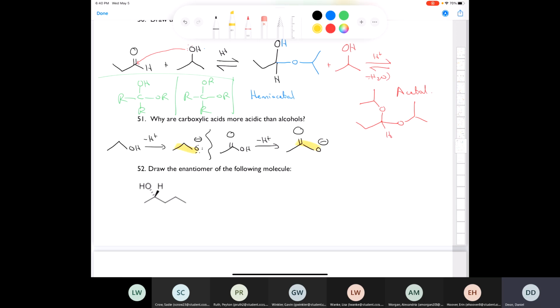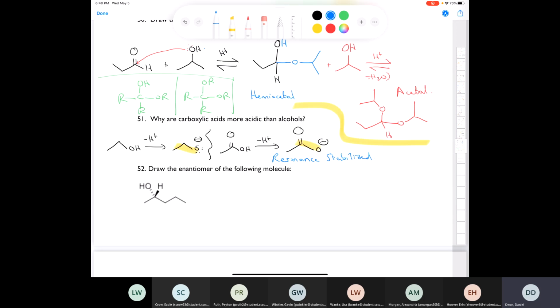It's because you end up with a carboxylate that is what? It has enhanced stability on account of its resonance stabilization. So this conjugate base is resonance stabilized.